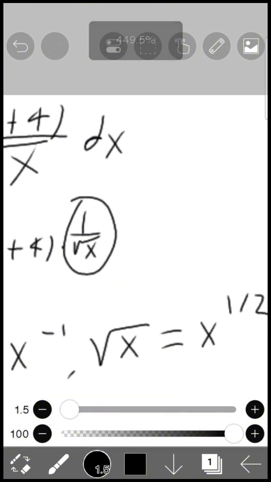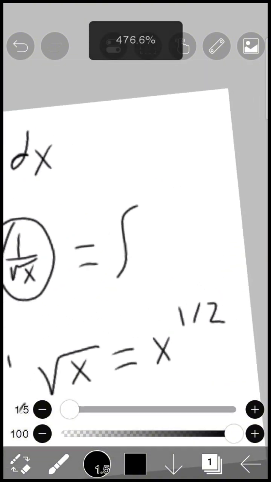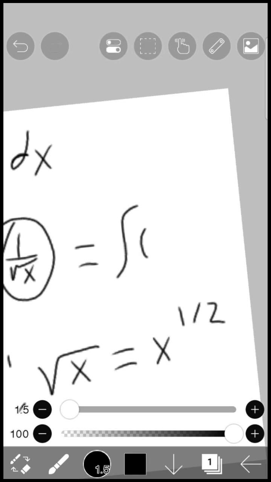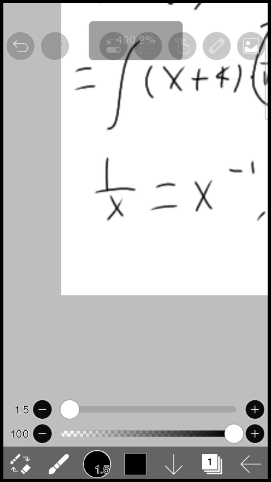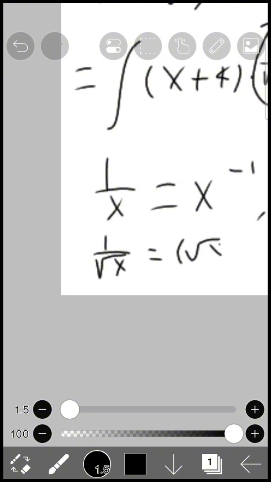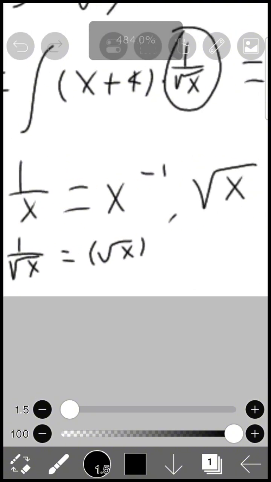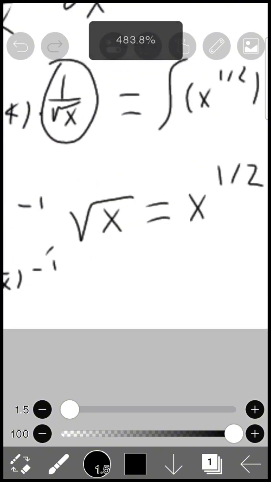So now we have the integral of x raised to the 1/2 all over negative 1. Why? Because our 1 all over square root of x is equal to square root of x raised to the power of negative 1.